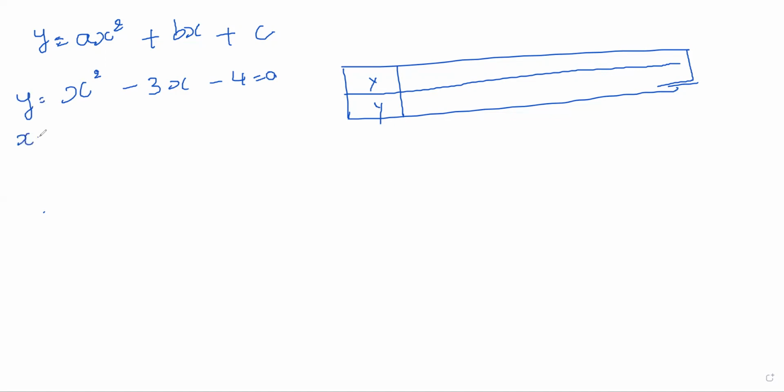See, when x is equal to 0, what is the value?